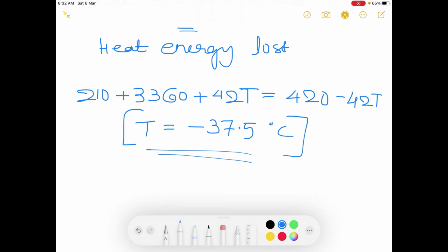Now, see, minus 37.5 degree Celsius અને આ તો આપણે વોટરની વાત કરીએ છીએ, તો minus 37 degree ઉપર વોટર કેવી રીતે હોય, right? So this cannot be true because water cannot be at minus 35 degree. It is always in the form of solid ice, બરાબર? So this is not true.